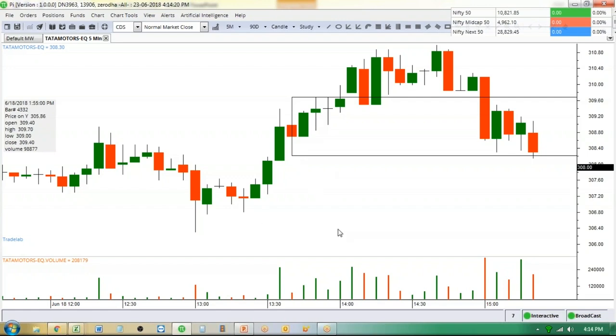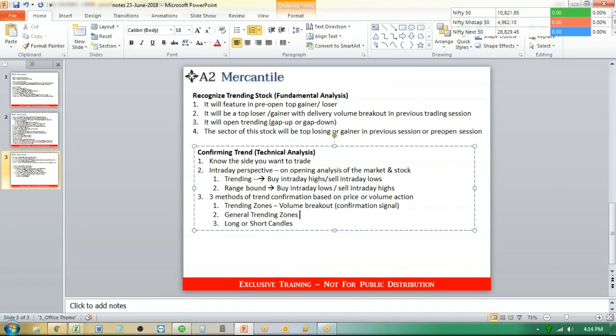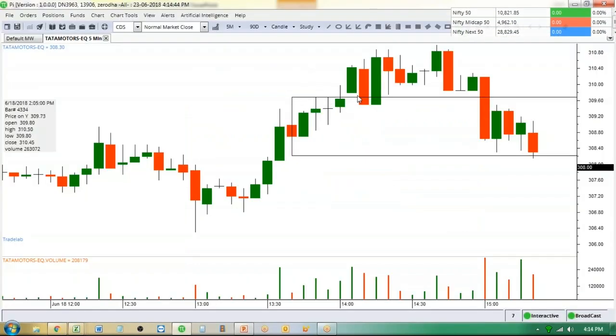Now, if you're working with general trends, the confirmation is a price breakout. So this is the confirmation signal. What will happen is the price will break out of this area.